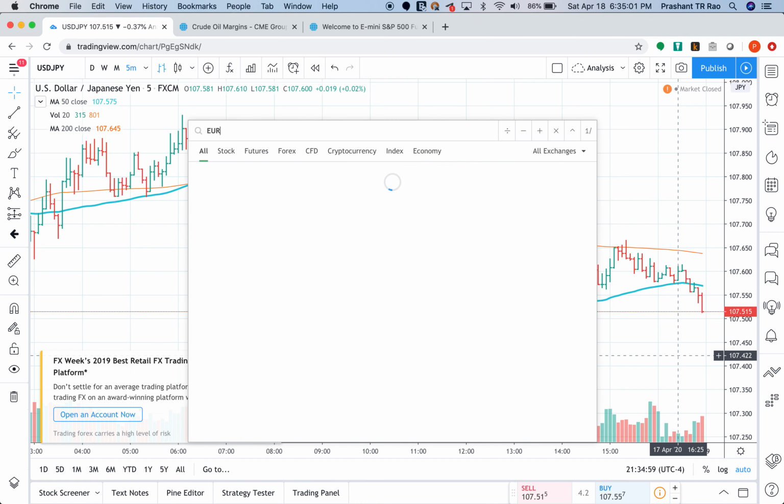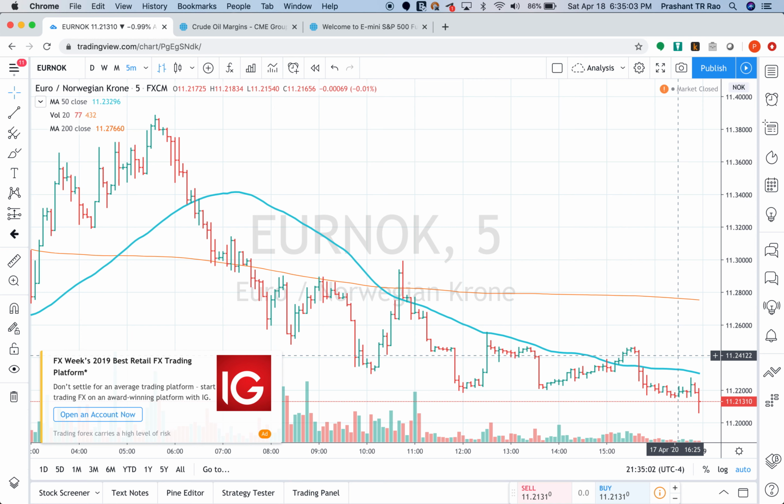It's particularly true when you place a trade like, for example, Euro and Norwegian krone, where your account is in US dollars, but here you're buying or selling euros and selling or buying Norwegian krone.